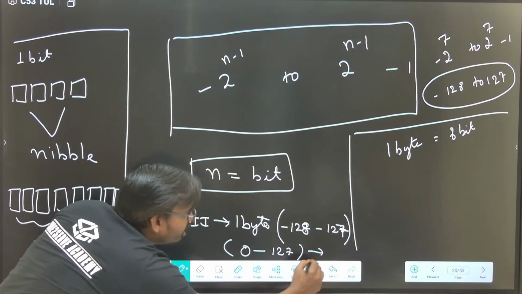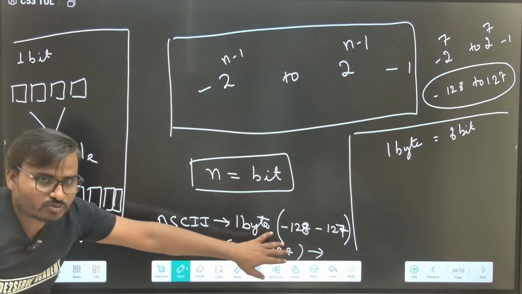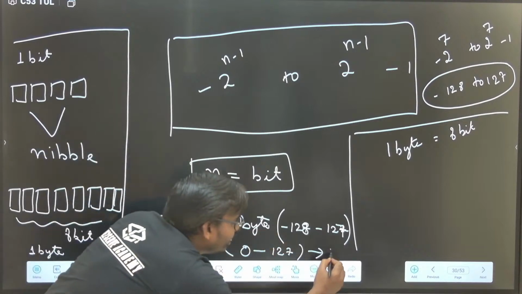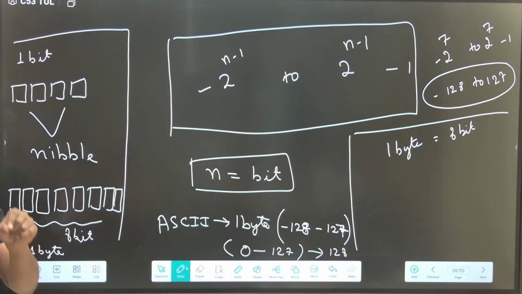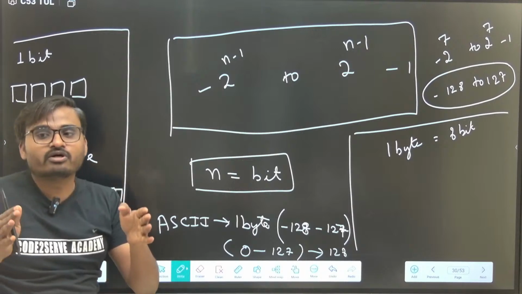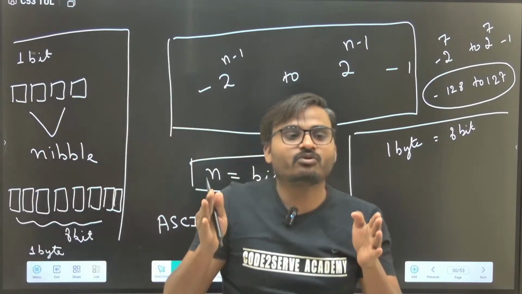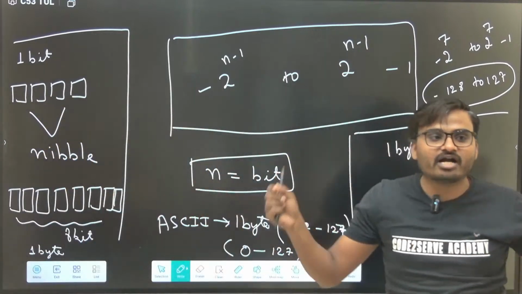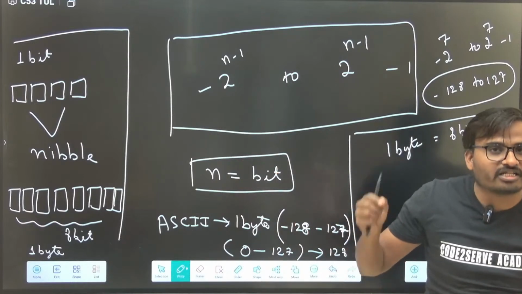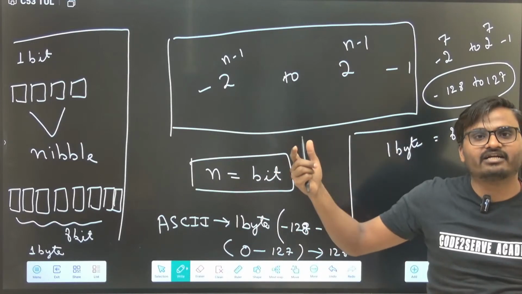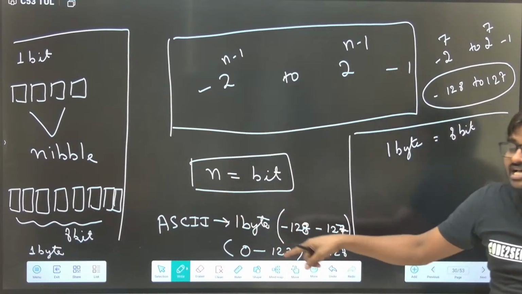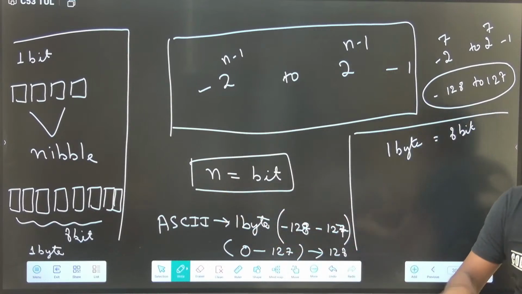Including 0, that is 128 characters. That means ASCII can hold only 128 characters, and in the world 128 characters is not enough. You have different characters, so ASCII cannot hold all of them.